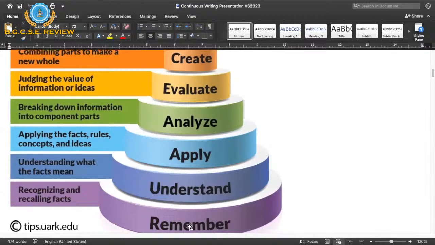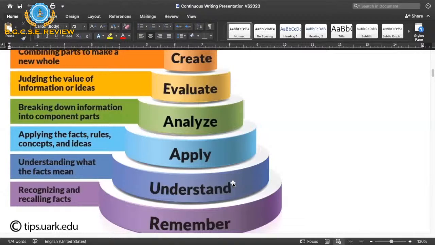After the remembering stage, we go a little higher up to level 2. Now that we gave you the content, which we have done, we have to make sure that you understand the content. Notice we're going up that level from low to high. Understand the content, meaning that now that you are able to recall all of those items, can you tell me what each one of them do?